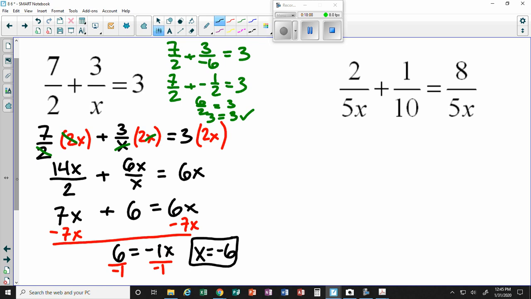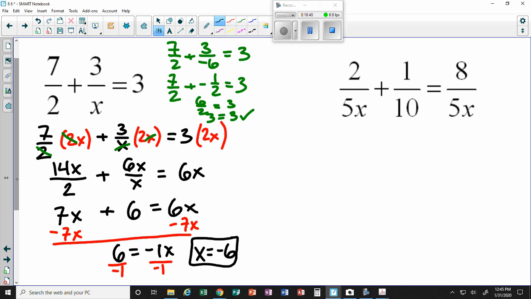Now, if you use 20x, if you use 50x, it'll work. If you don't use the least common denominator, it'll work. For these, it's not a big deal too much. But if we don't use the least common denominator when they're more variable expressions, then it makes things a lot harder. You're adding complexity. You're adding another layer. It's going to end up being having to solve x squared, x cubed, x to the fourth. Okay? It's going to make it harder to solve. So if you don't get the least common denominator, this one's not a big deal.